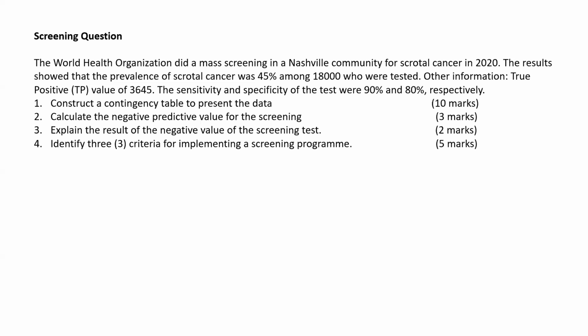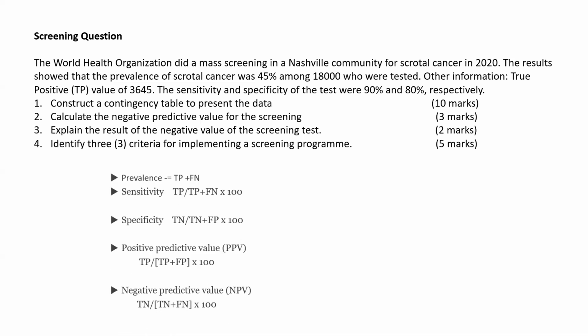There are several formulas that are used in calculating and providing information related to screening. The first one is prevalence, which is equal to TP, true positive, plus FN, false negative.